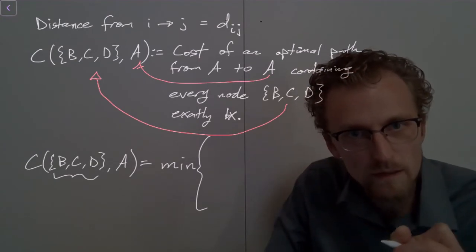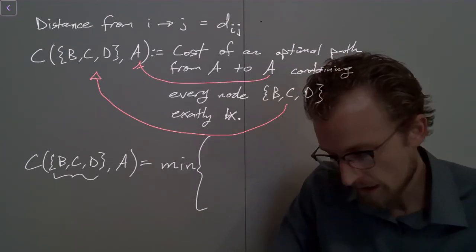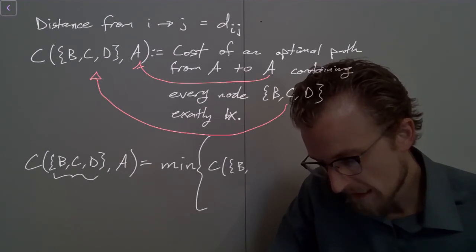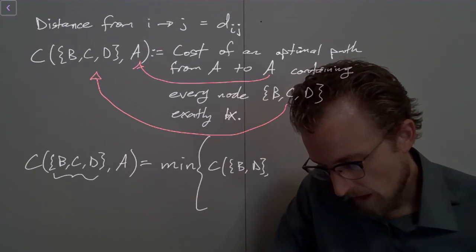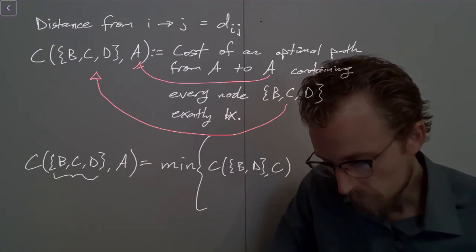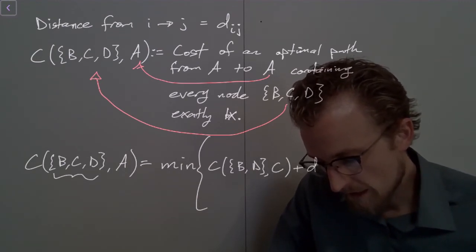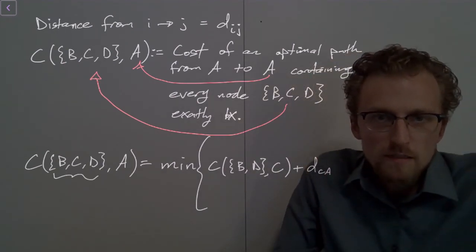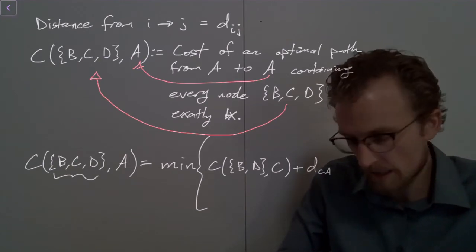There's always an if in DPs. If C is the second to last node, then the optimal path has to be equal to the cost of a path passing through B and D, ending on C, plus the distance from C to A.